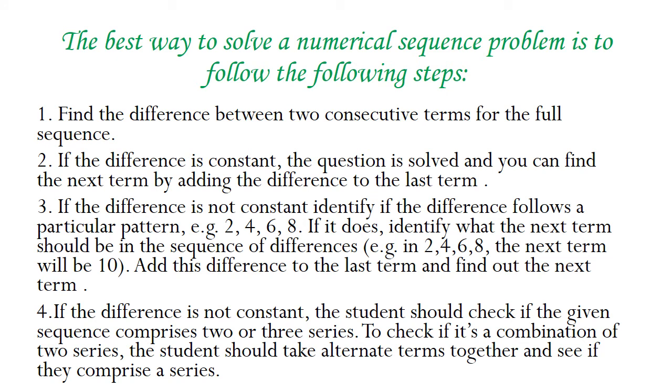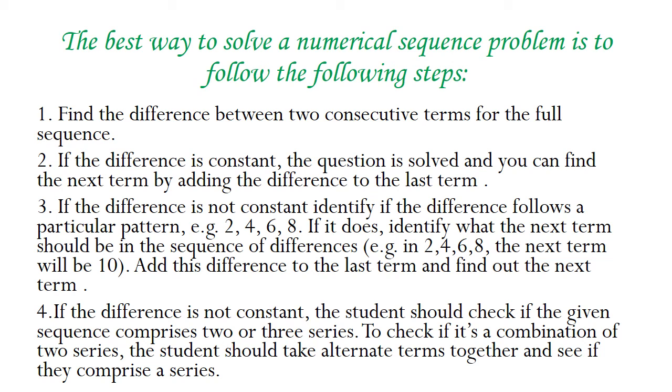Now, in conclusion, I'll tell you the best way to solve a numerical series or any numerical sequence problem. First step is to find the difference between two consecutive terms for the full sequence. Second, if the difference is constant, as we shared, the question is solved. You can find the next term by adding the difference to the last term. Third, if the difference is not constant, identify if the difference follows a particular pattern.